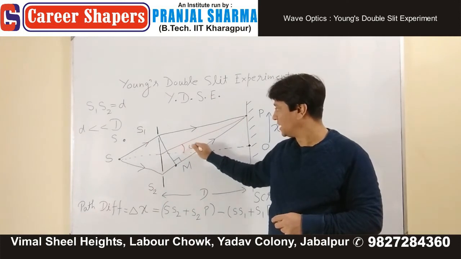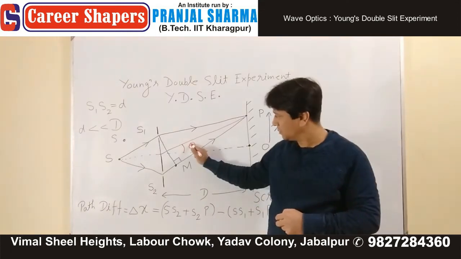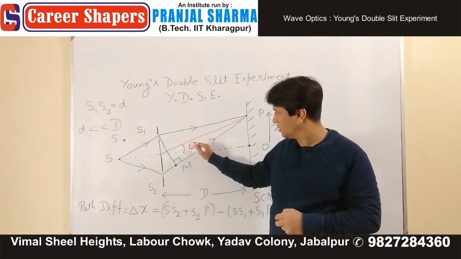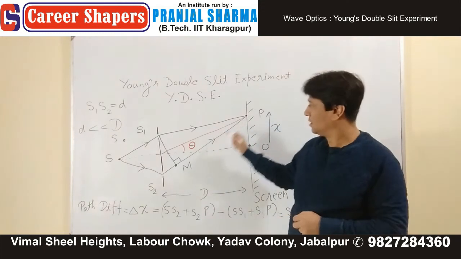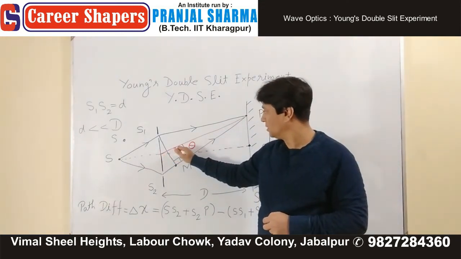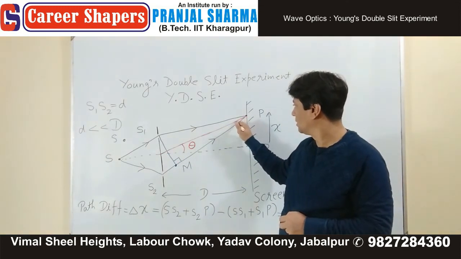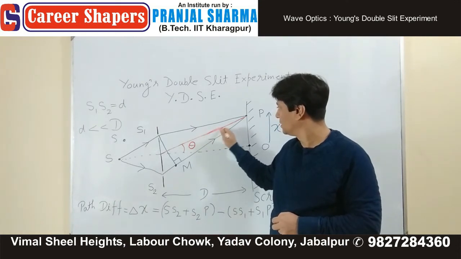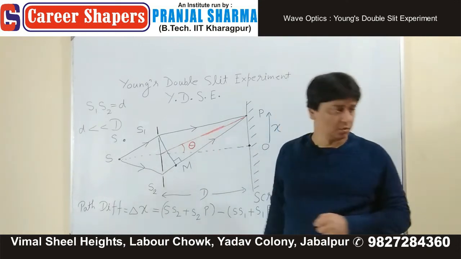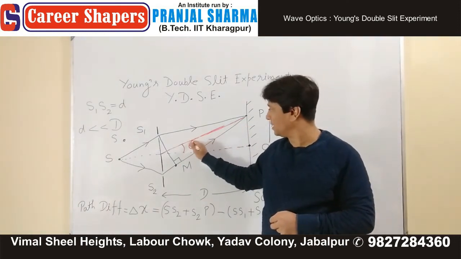It is located at an angle of theta. The whole thing is in red, if you can see the colors. This red line is giving you the angular position of point P.